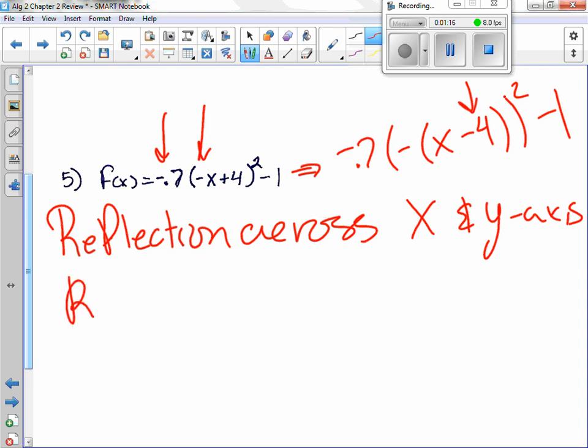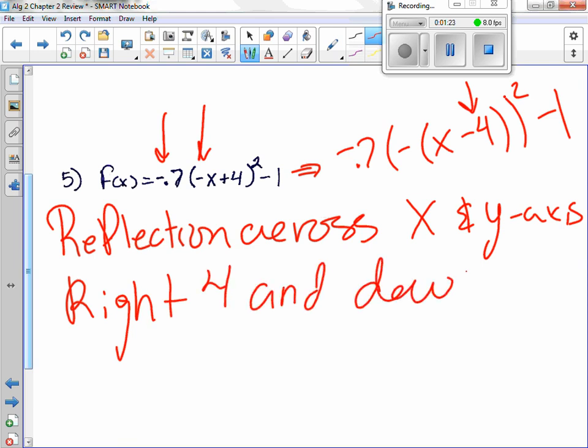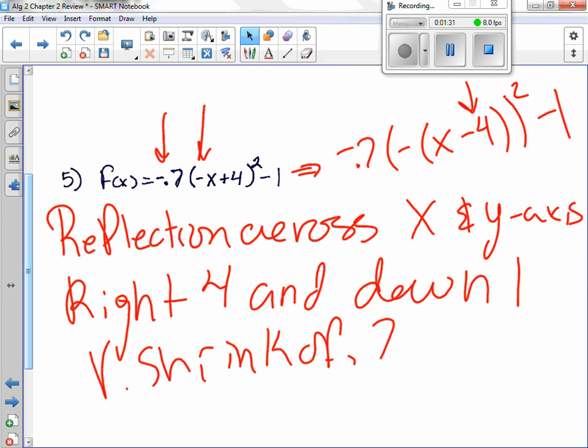So really this here is right 4 and down 1 with a vertical shrink of 0.7. Because of that reflection across the y-axis, it changes how it moves.